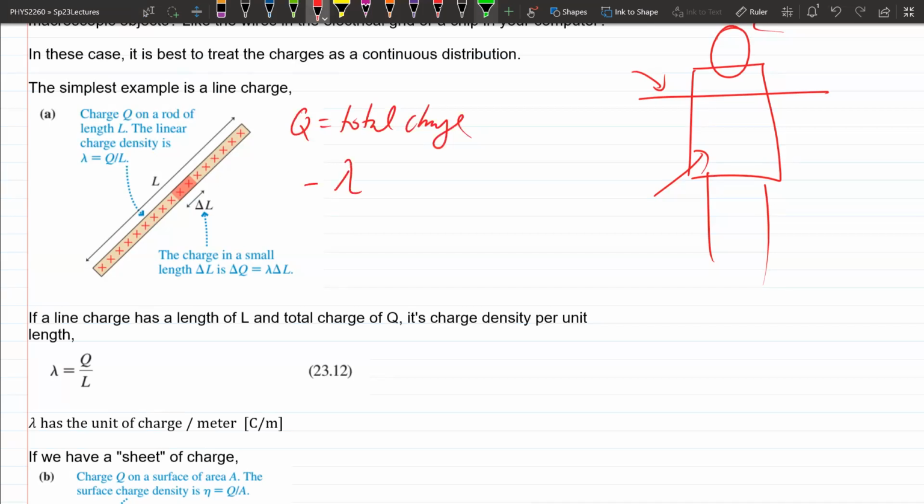The charge density is represented by this symbol lambda, just a lot of Greek letters. It's just the total charge divided by the length of that rod. That's how you figure out how much charge is there per length. And we're going to have to deal with this delta L thing in a second. So that's one thing to note.